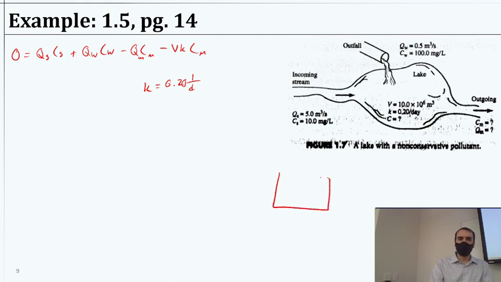So in a CSTR, we have an input and an output, and the whole thing is completely mixed. And by the way, the lake, it said everything was mixed. The pollutant just mixed perfectly, right? It's kind of a silly assumption probably, but maybe there's a lot of wind, right? So there's some amount of current here keeping it mixed enough to assume that it's well mixed. That's the CSTR case, right?